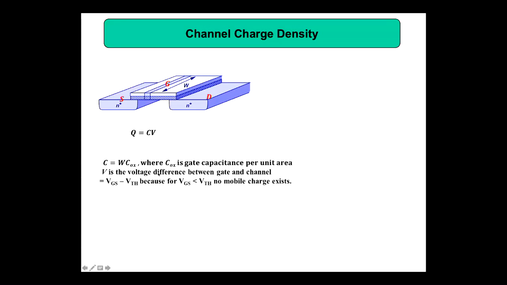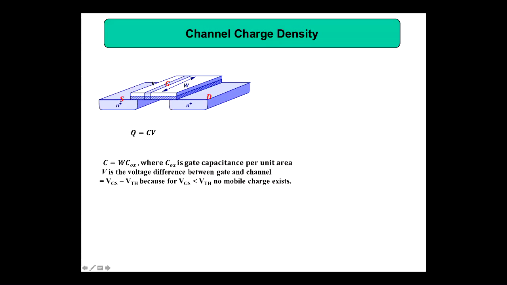And V is the voltage difference between gate and the channel, which is equal to VGS minus VTH, because we take that as a minimum value. Why? Because below VGS minus VTH no charge exists, since before that the transistor is off. We are going to find the drain current when the MOS transistor is on.